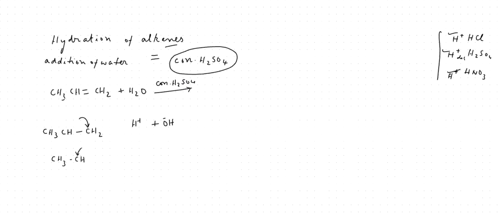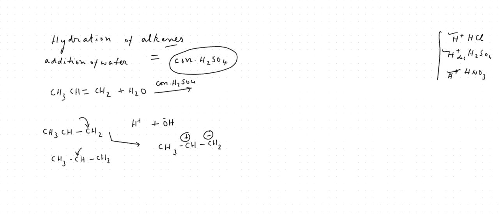If this takes place, the intermediate formed is CH3, CH plus, CH2 minus, because excess electrons are found on this carbon.